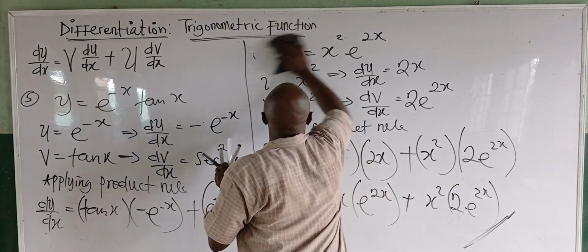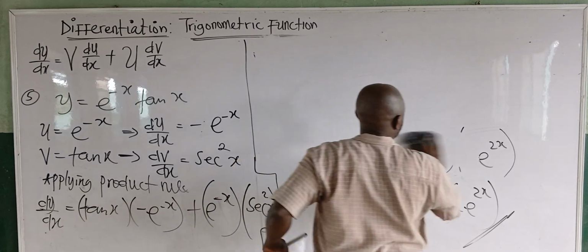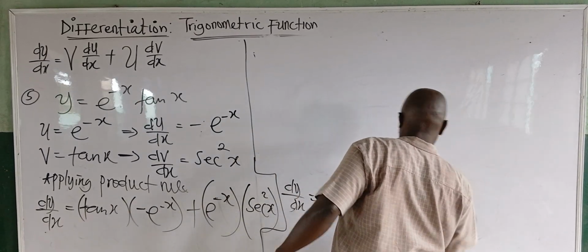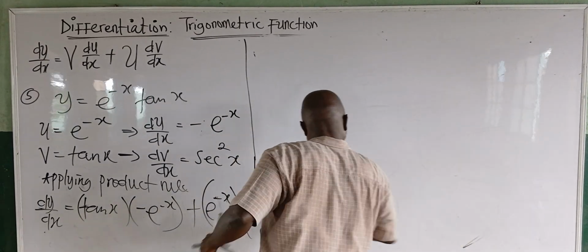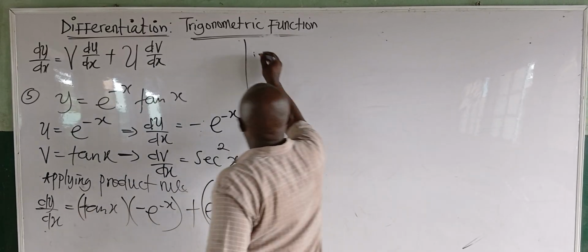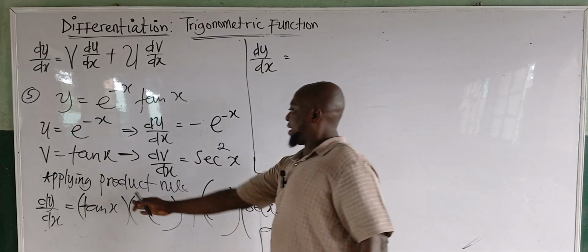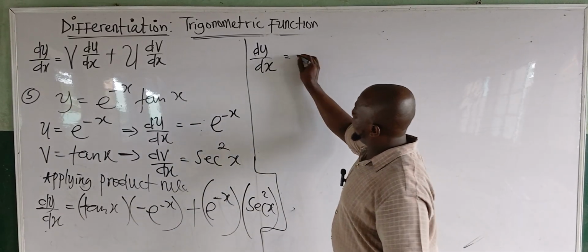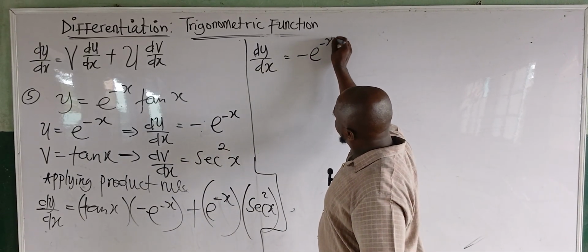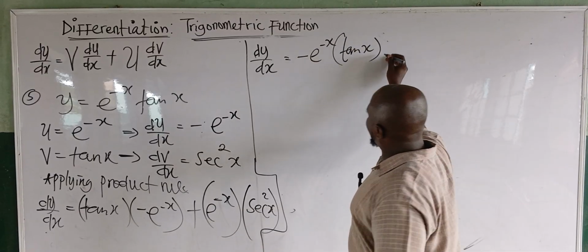So next up here, take this one off. So what do I now know? I will say my dy over my dx here will give you, just take this one further. So this will give you minus e raised to the power of this. Then tan x here, you can put it in brackets.